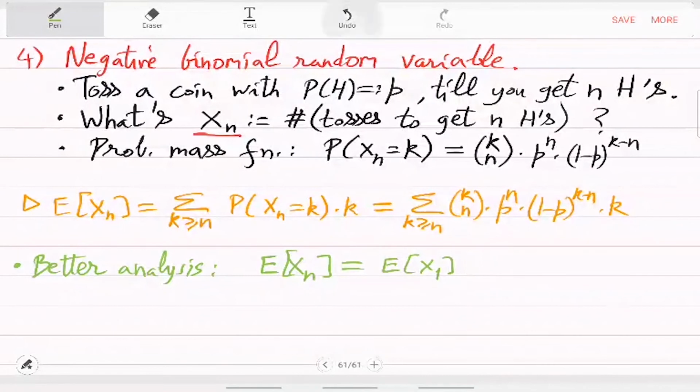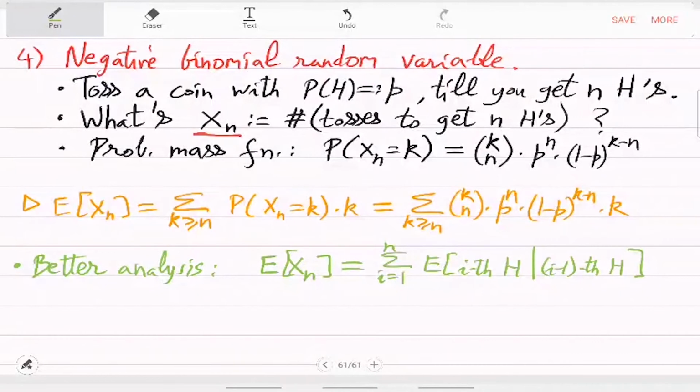Or let me do it like this. So, ith head given i minus 1th head. Okay, this is what I am looking at.